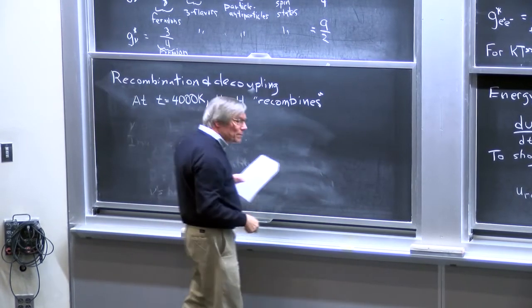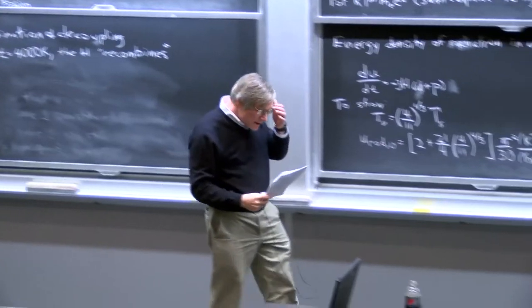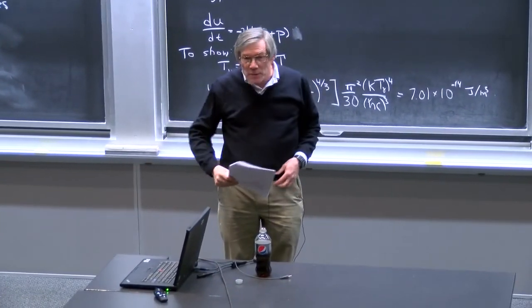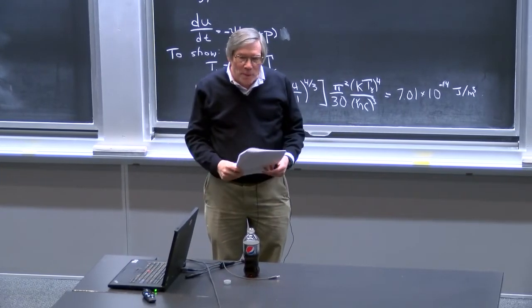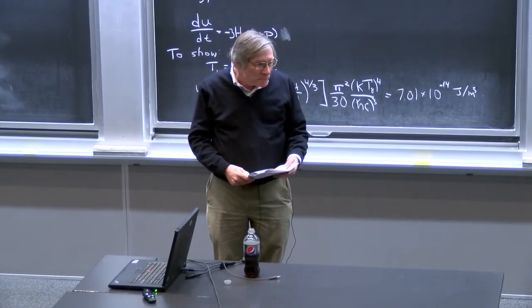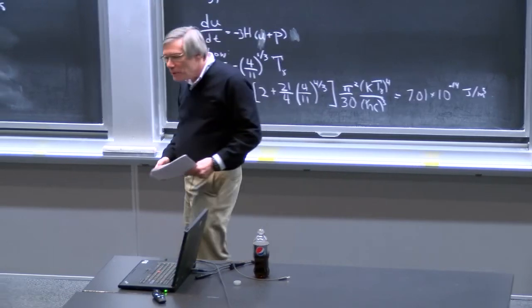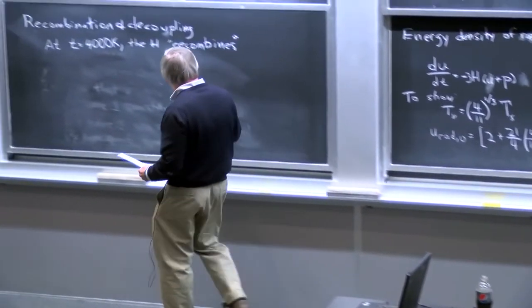Now, the word recombine has somehow historically taken hold, so everybody calls it recombination, in spite of the fact that, according to our theory, it was never combined previously at any time. So the prefix re there has absolutely no meaning whatever, but nonetheless it is completely conventional.